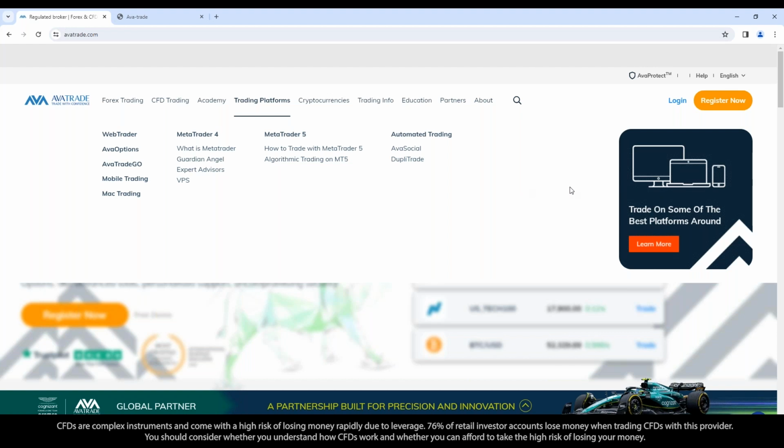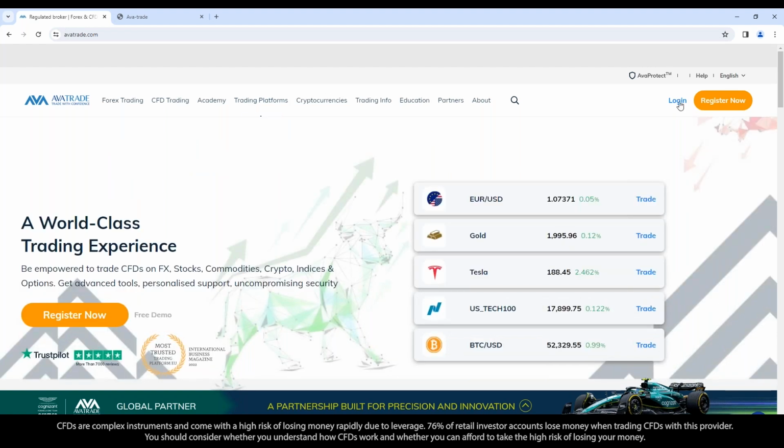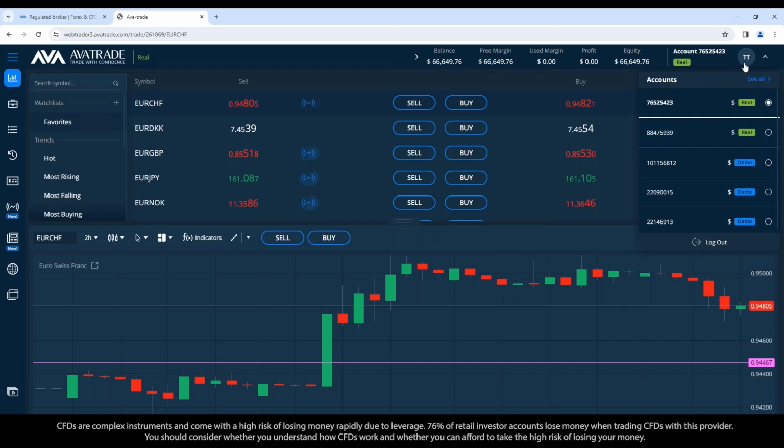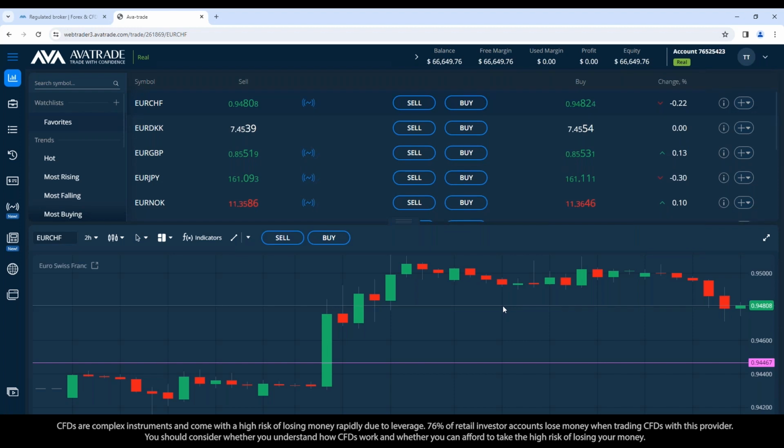We're using the web trader version. If you log in here in the upper right corner of our website, you'll be in our web trader, and you can switch between your MT4 accounts, your MT5 accounts, your live accounts, your demo accounts, right in this location here, okay?